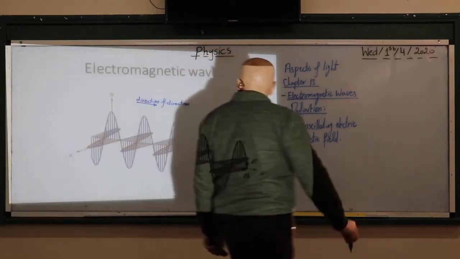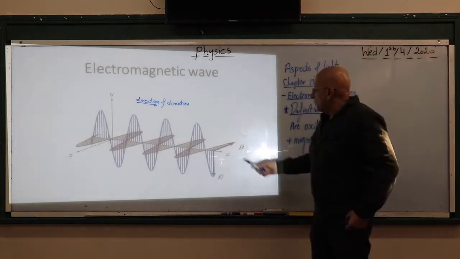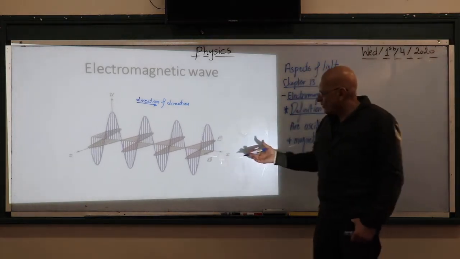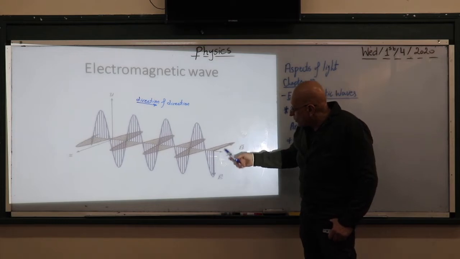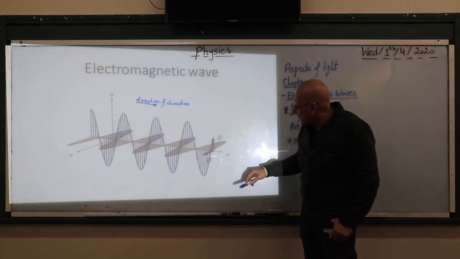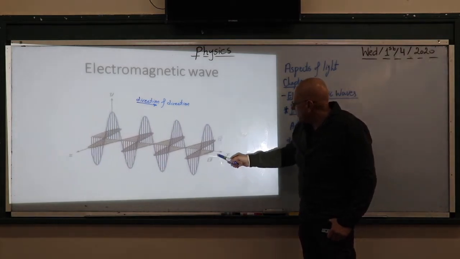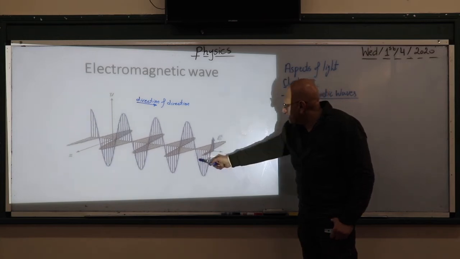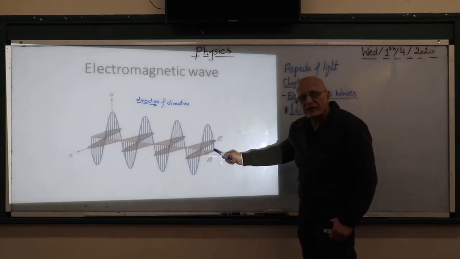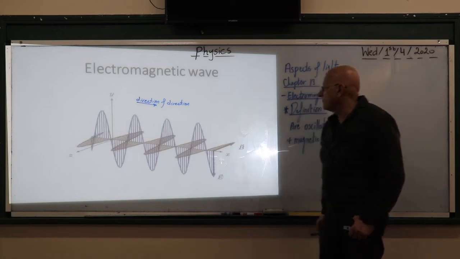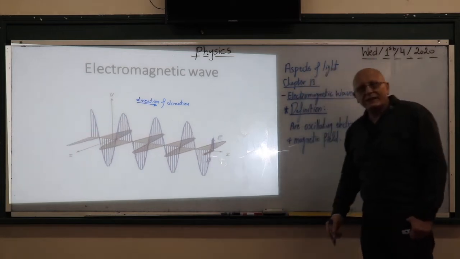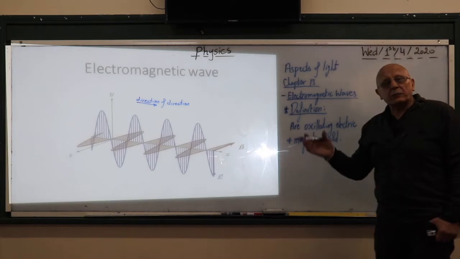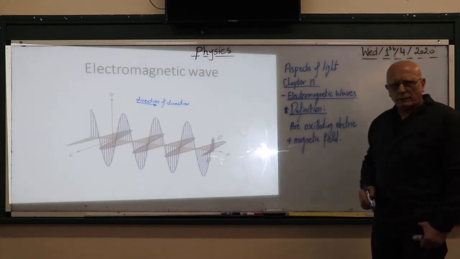As you see here, they oscillate sinusoidally and they are in phase. Notice here, they reach maximum at the same time. This is maximum, this is maximum. They reach zero at the same time. Since they oscillate sinusoidally, what is the expression of each one?